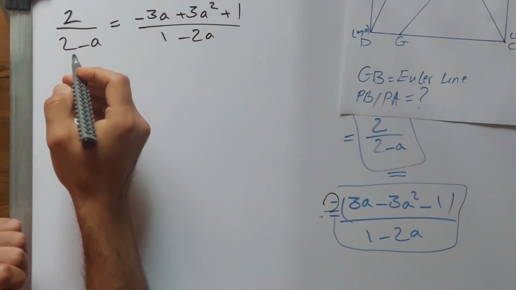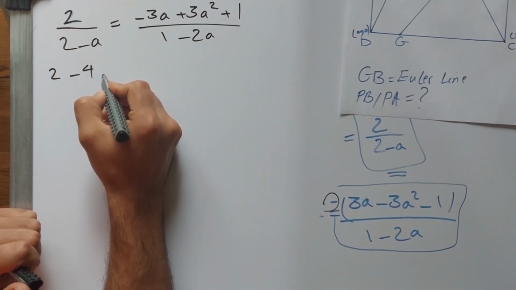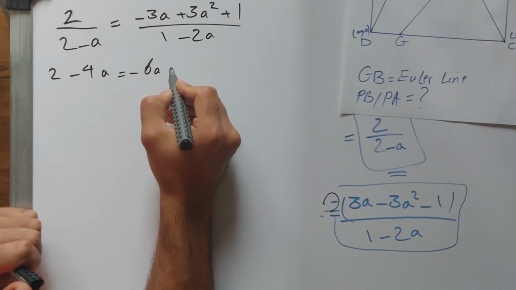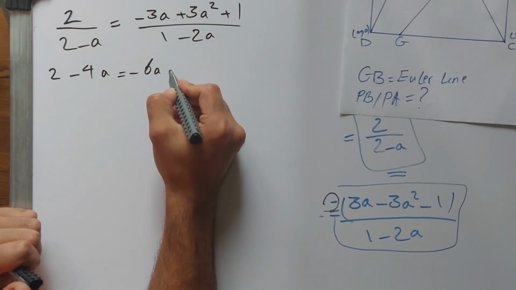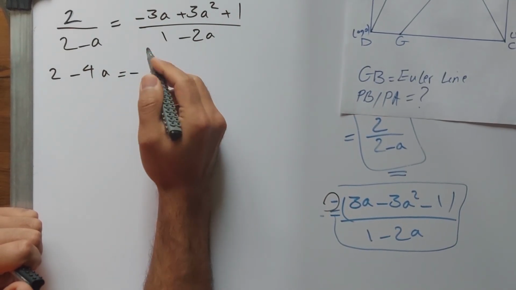So let's just cross multiply that. So we can say that 2 minus 4a equals minus 6a minus 3a, minus 6a, right? That's right.